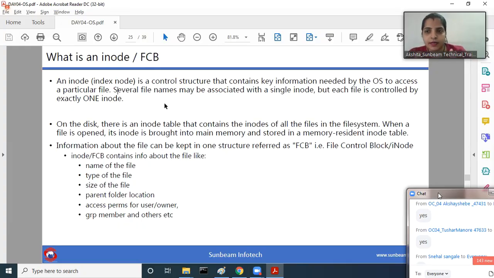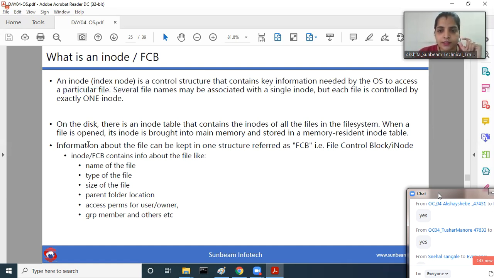So when a process is created, its PCB is created, and when a file is created, an FCB is created. An inode, or index node, is a control structure that contains the key information needed by the operating system to access the particular file.